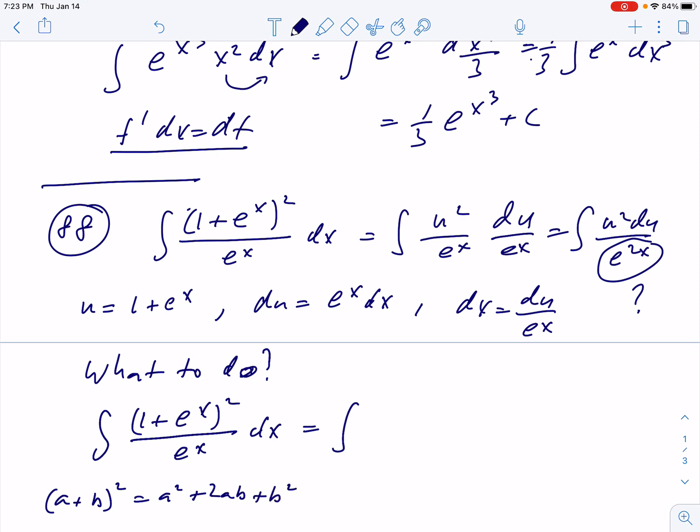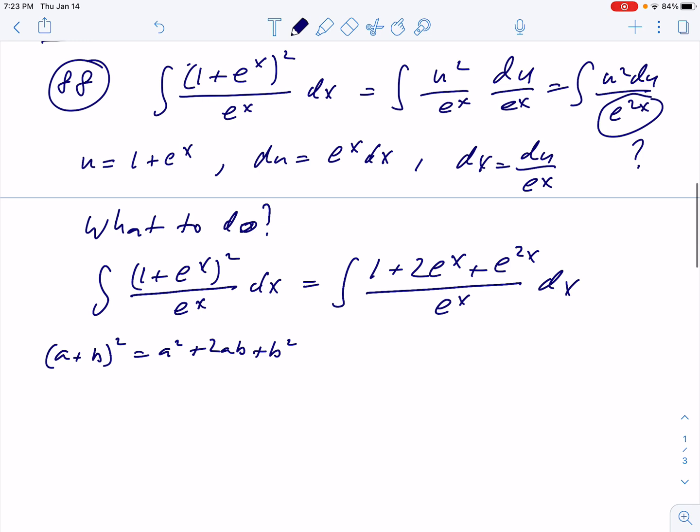So a is 1, b is the exponential, so we get 1 squared, that's just 1, 2 times the product, 2e^x, and e^x squared, e to the 2x. When you square the exponential, you get this. And all this is divided by e to the x dx.